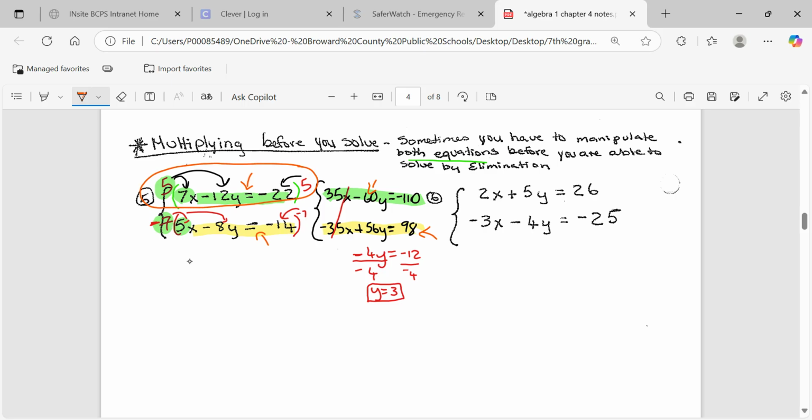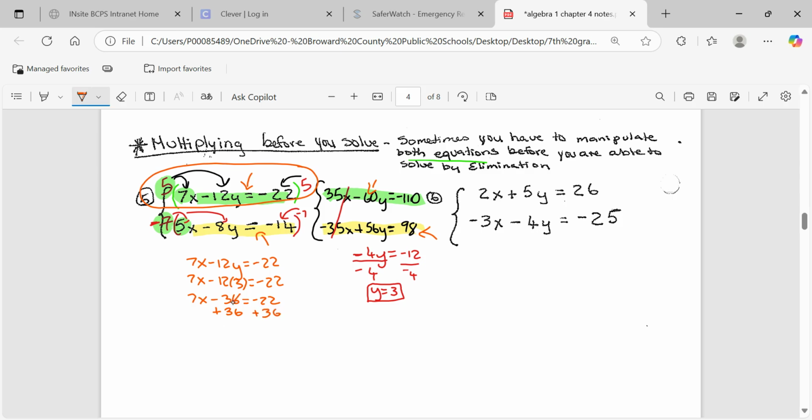And so I would have 7x minus 12y, and it's equal to negative 22. Y I know is equal to 3, so 7x minus 12 times 3 is going to equal negative 22. 7x minus 36 is equal to negative 22. This is now a two-step equation. This is a review of chapter 1.